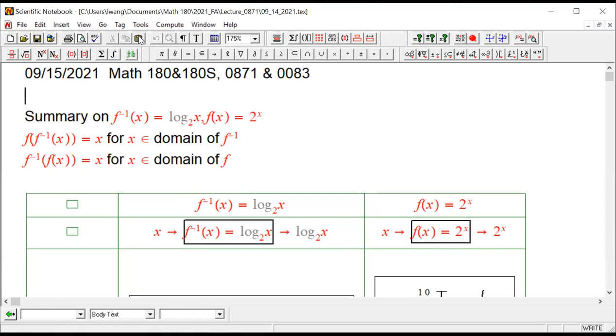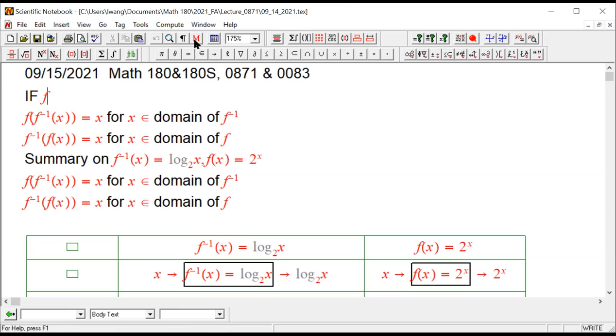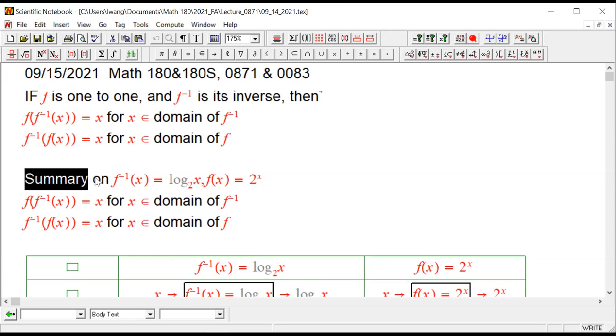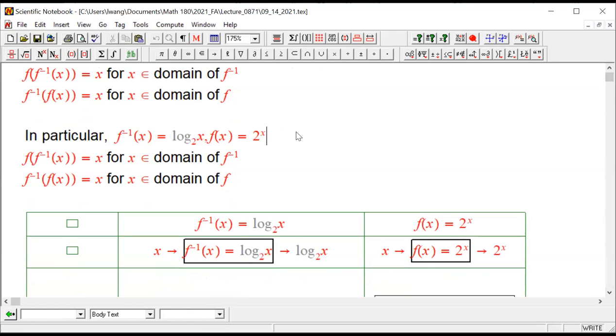I can say if f is one-to-one, and f inverse is its inverse, then, in particular, this is going to be true for these two. Okay, let's see how that would happen.